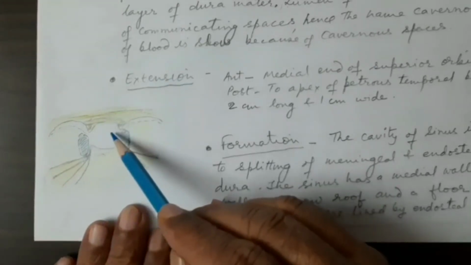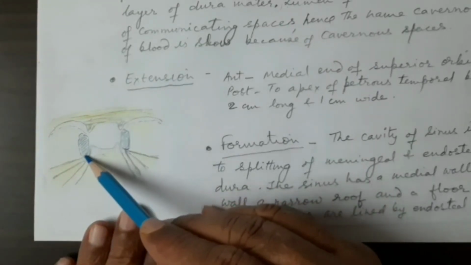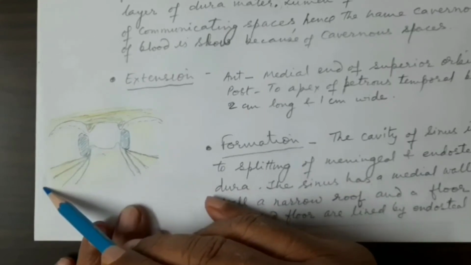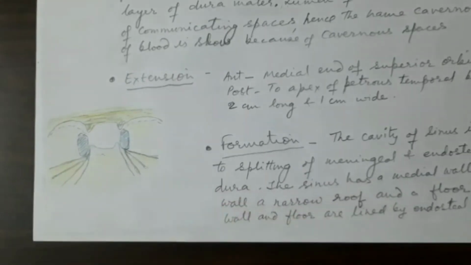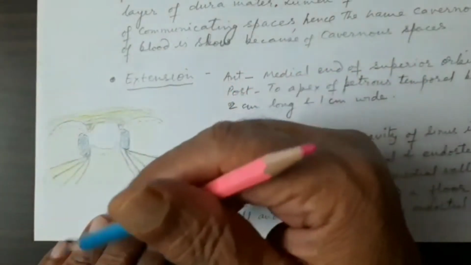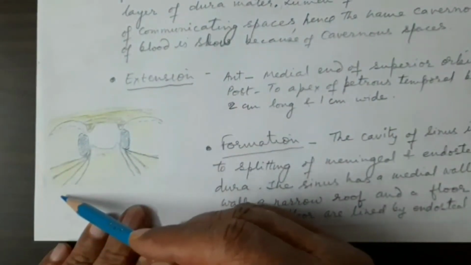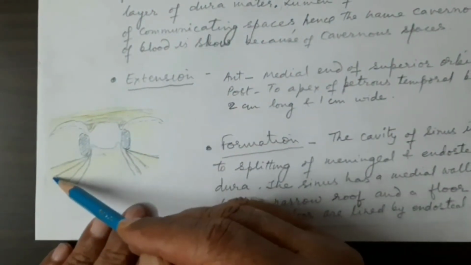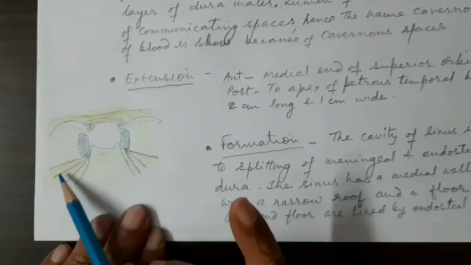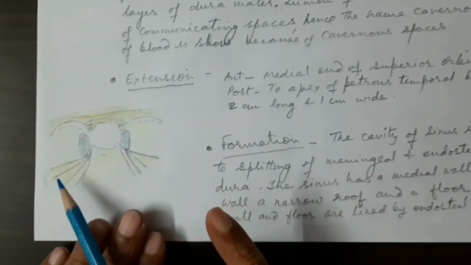This superior petrosal sinus will drain the posterior end of the cavernous sinus, and will go laterally where it will drain to a large sinus called the transverse sinus, which is in the posterior cranial fossa, and then it will form the sigmoid sinus. Before it forms the sigmoid sinus, the superior petrosal sinus will drain here.